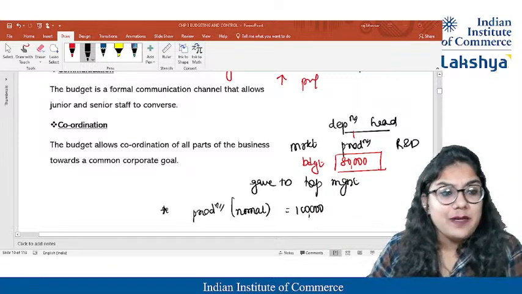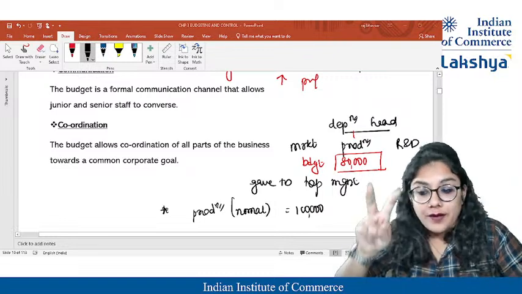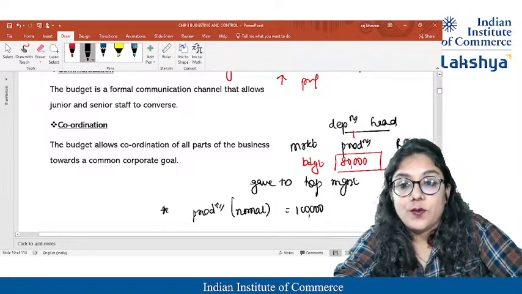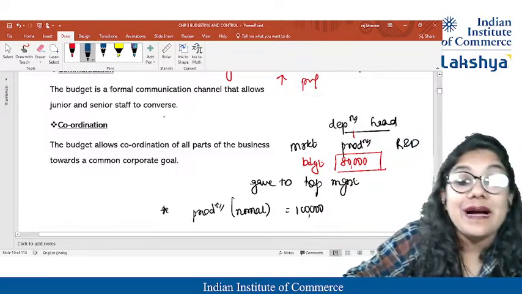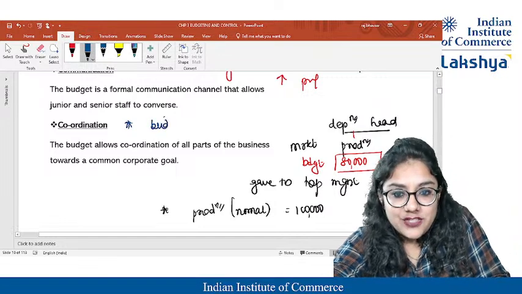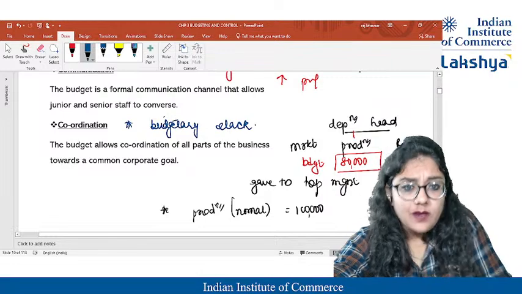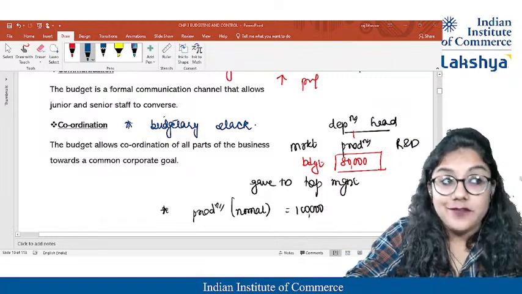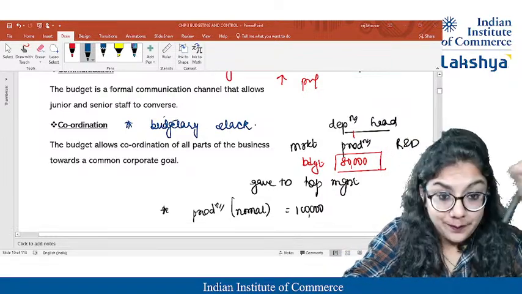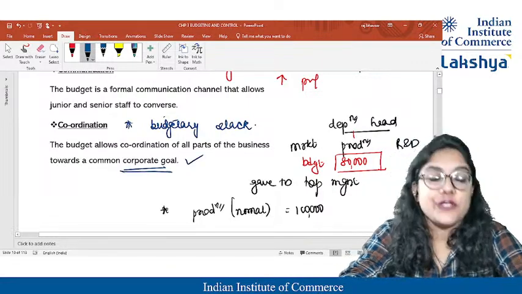So the production department, just for its own bonus, set up a budgetary slack. Their motive is achieved at the stake of the company, so they don't promote goal congruence, which they should.